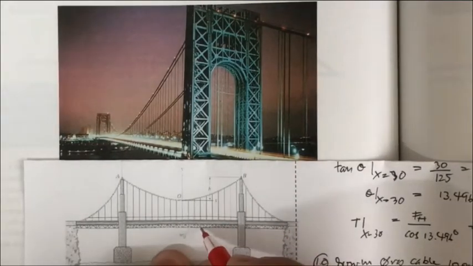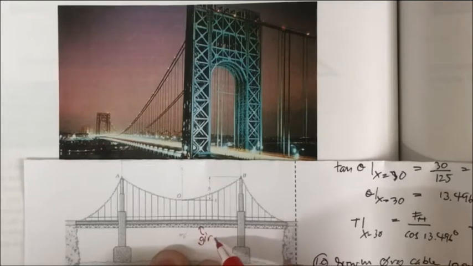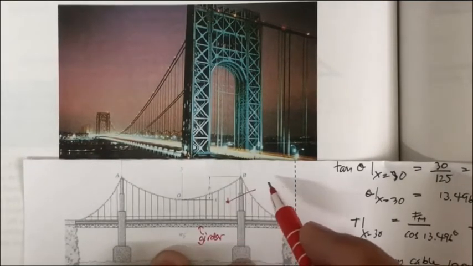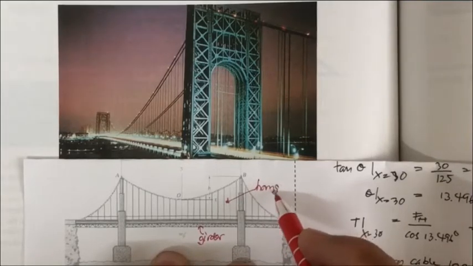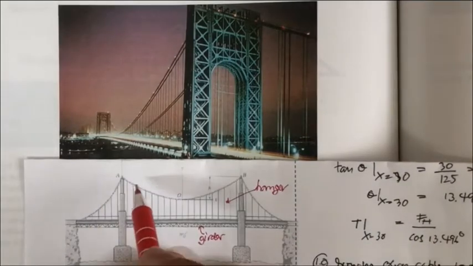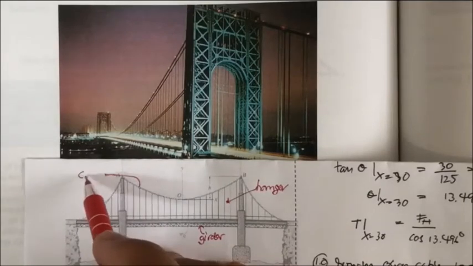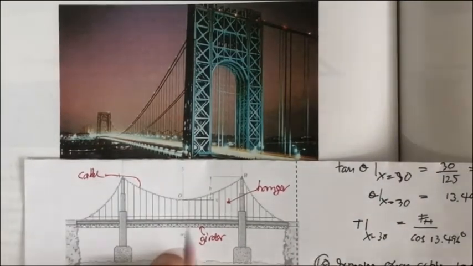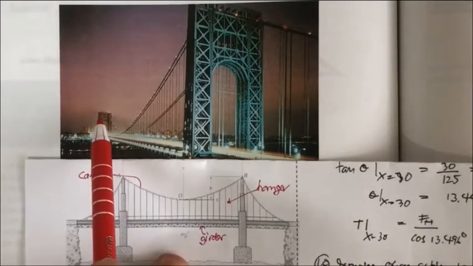This is called the girder, and this is called the hanger again, and the cable is here. This is going to be the cable, and you may see the cable hangs from the top.